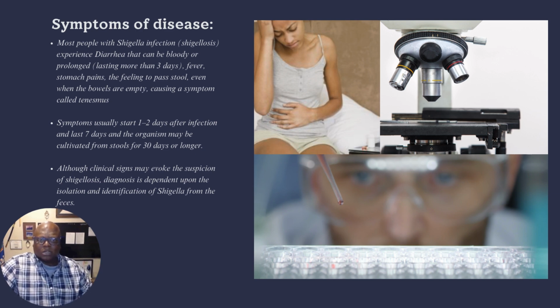What distinguishes this diarrhea from just the common run-of-the-mill gastrointestinal upset stomach is that it will last for several days. Your stool will look bloody, and also you'll experience a condition called tenesmus, right, where you feel like you want to go, but nothing's coming out. Symptoms can last up to 7 days and all the way up until 30 days.